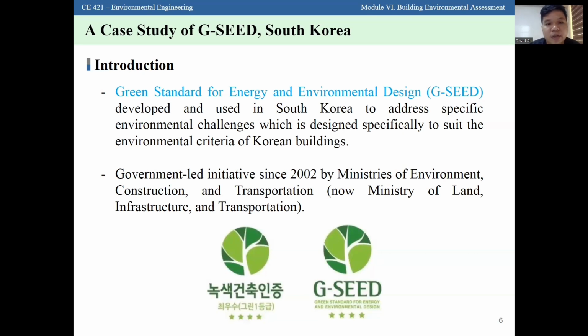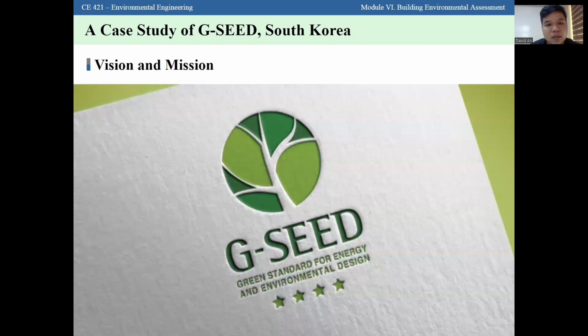Specifically, it's about the environmental challenges which lead to the design of the system and also the environmental criteria for Korean buildings. It is a government-led initiative since 2002 by the Ministry of Environment, and the Ministry of Construction and Transportation, now known as the Ministry of Land, Infrastructure, and Transportation. And here is the logo. The left one is in Korean, and the right one is in English.